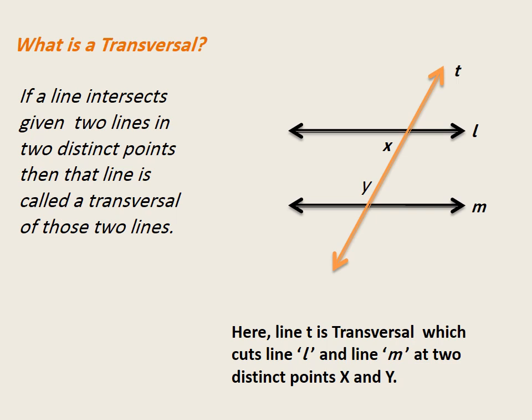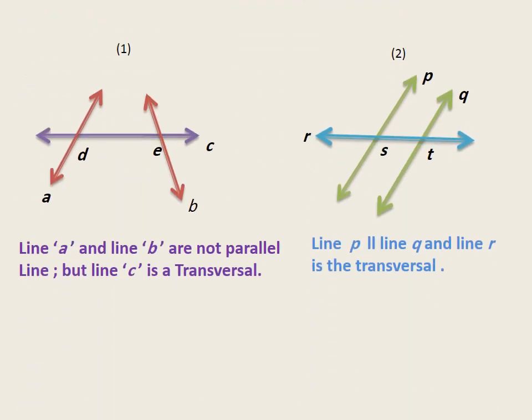Here, line T is the transversal which cuts line L and line M at two distinct points X and Y. In figure 1, line A and line B are not parallel lines, but line C is a transversal, whereas in figure 2, line P is parallel to line Q and line R is the transversal.